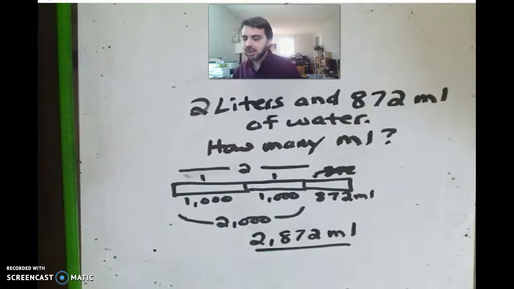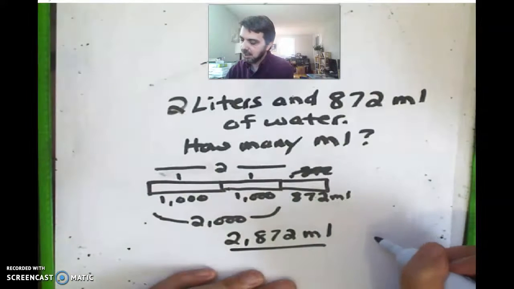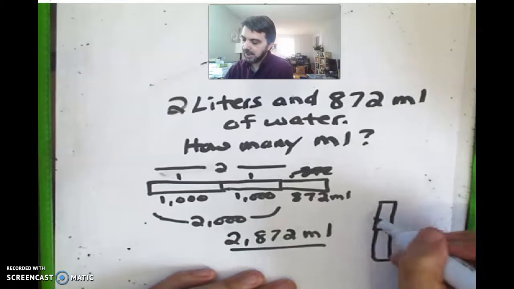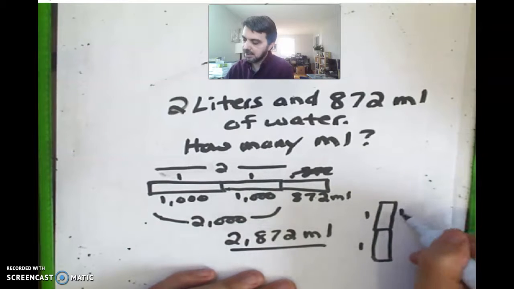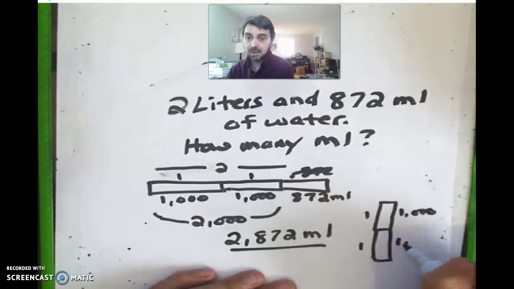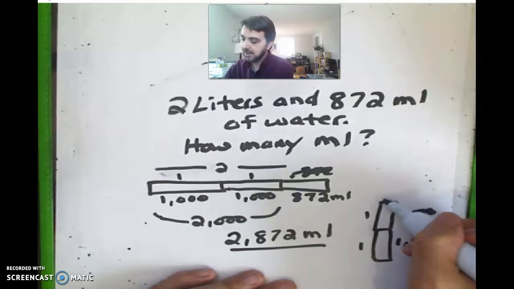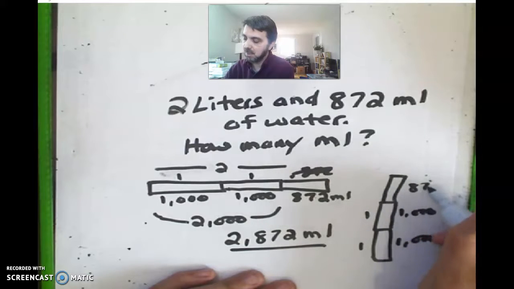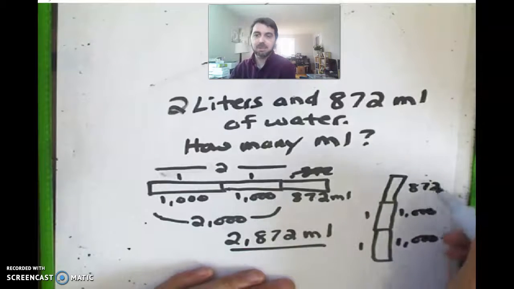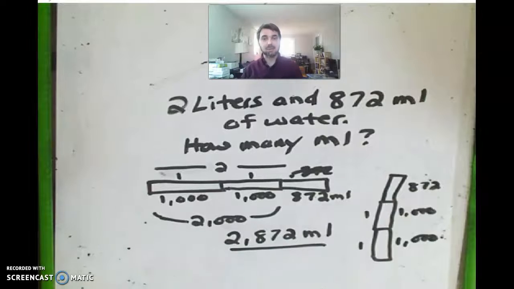If you prefer, you could also draw these going up like this, right? Be like, all right, well, that's 1 liter, that's 1 liter, this is 1,000, this is 1,000, and then I've got 872 more. And then you can add up the milliliters, and you can see you have 2,872. Okay?